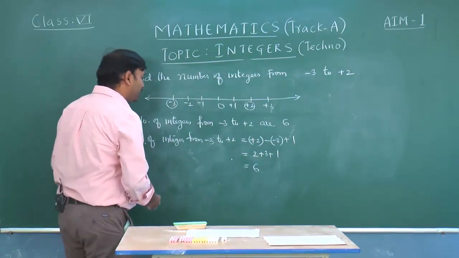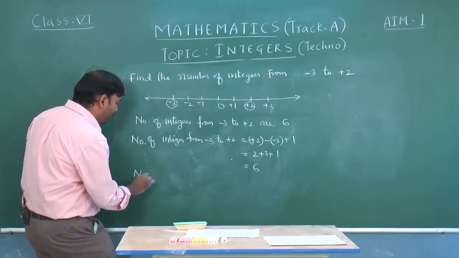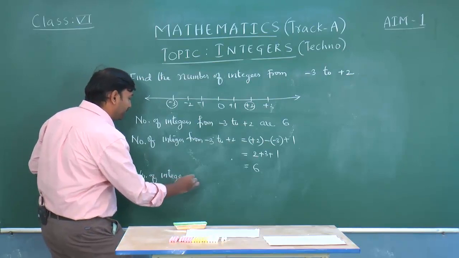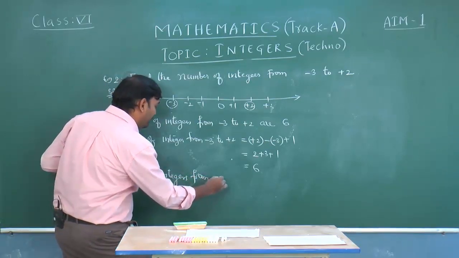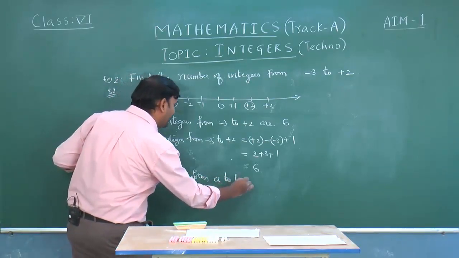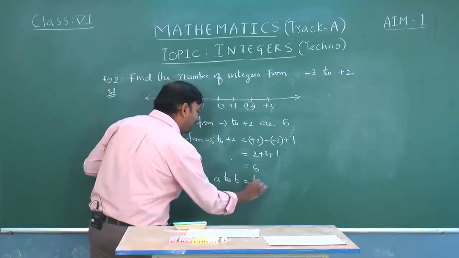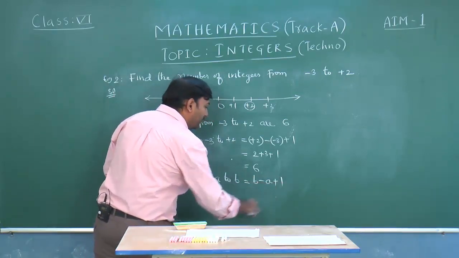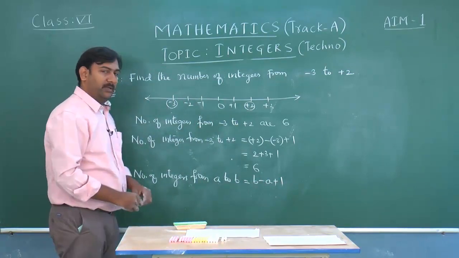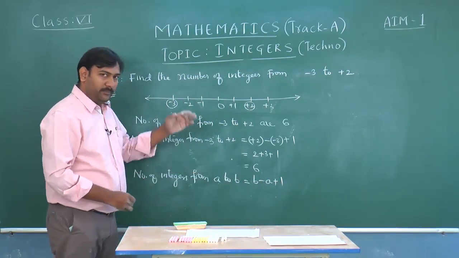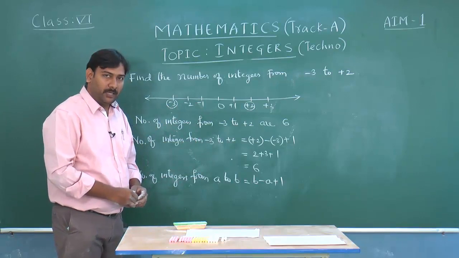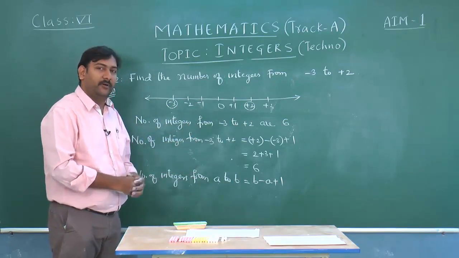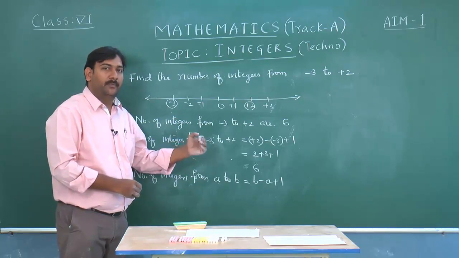That means this can be generalized as: the number of integers from A to B is given by the difference between the numbers, B minus A, and add 1 to it, that is B minus A plus 1. So in the previous case, we took the formula as B minus A minus 1, and here we are taking the formula as B minus A plus 1.